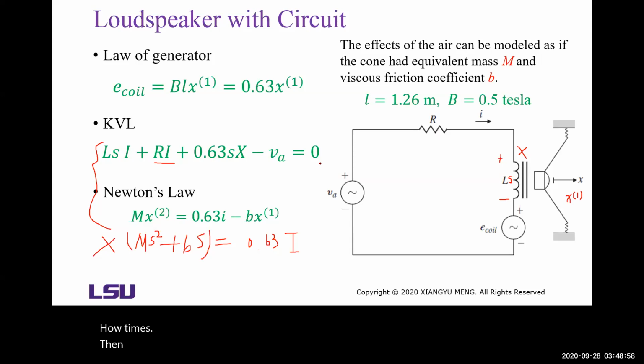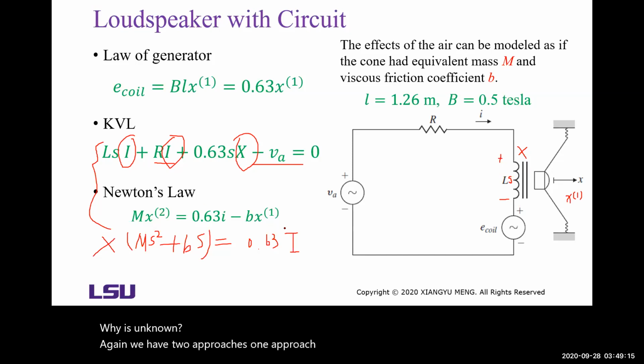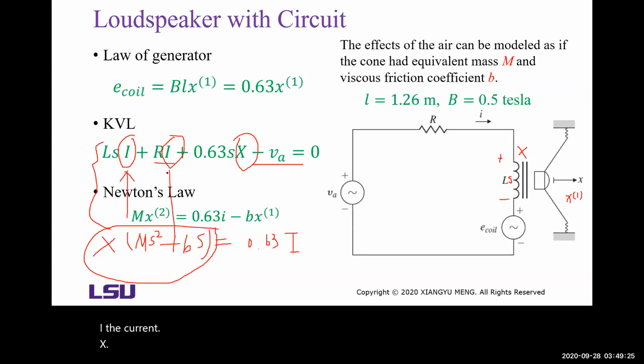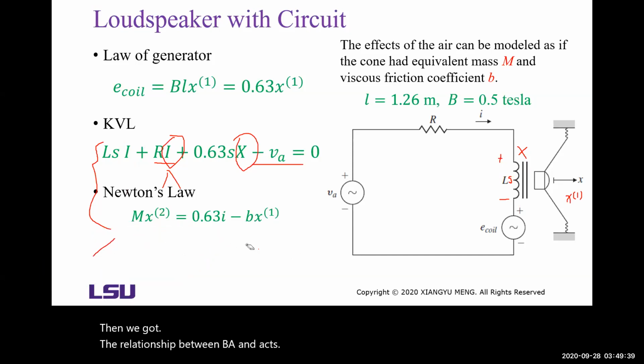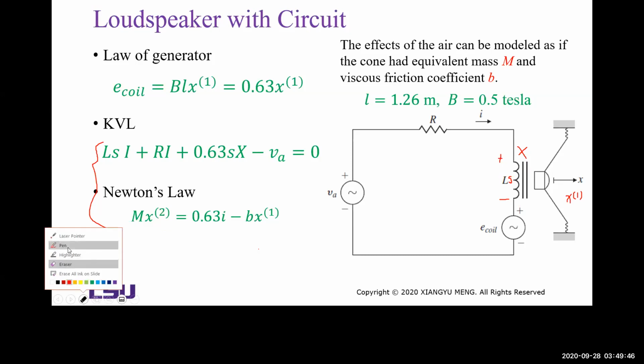Then based on these two equations, we assume VA is known, x is unknown, and I is unknown. Again, we have two approaches. One approach, we can replace this I, the current, by x. Then we get the relationship between VA and x. Another approach, Cramer's rule.